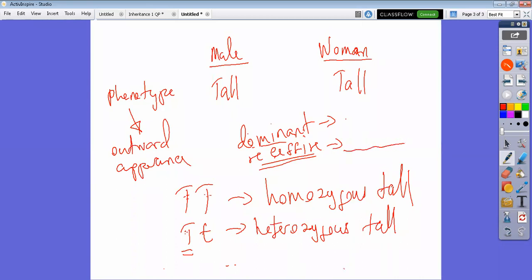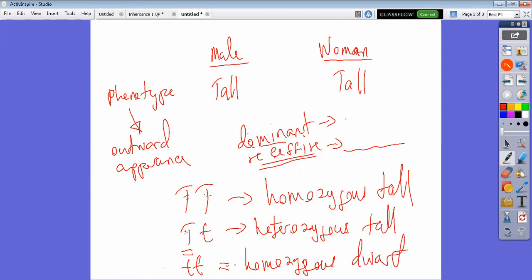It can only be expressed in the phenotype when it's homozygous. So like this here, small t, small t, that's homozygous. Is that making sense?